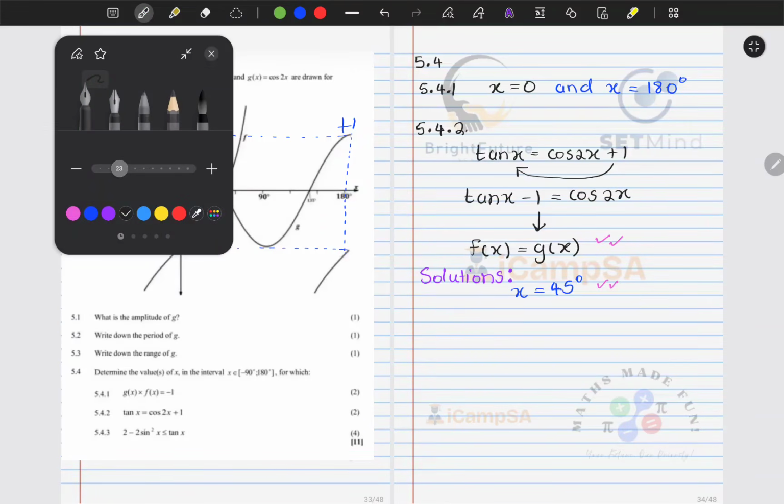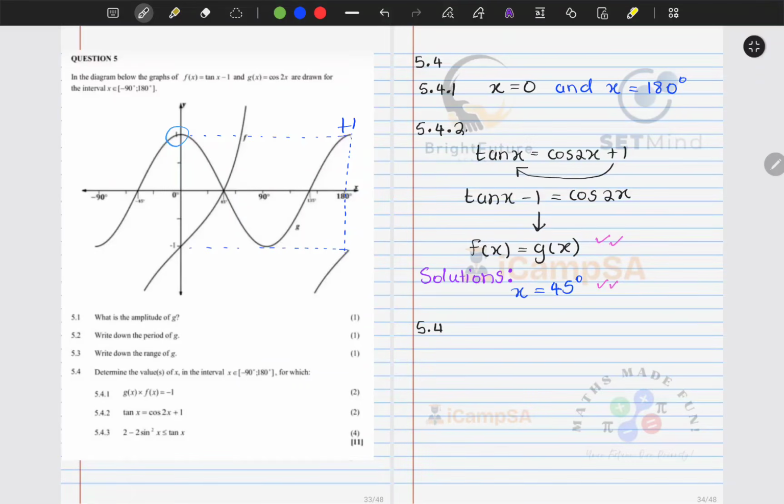to 5.4.3. So this is what we are asked. If you observe carefully, there's a couple of things that we should be able to figure out, which is that we have 2 minus 2 sine squared x being less than or equal to tan x.